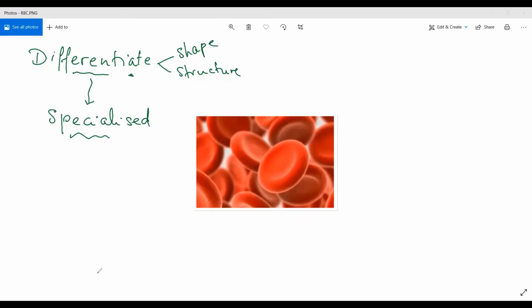Like this example, in red blood cells, when they are at the beginning of their formation, they are normal cells with the nucleus, with the cytoplasm, cell membrane, like any other cell. Here, they are undifferentiated.